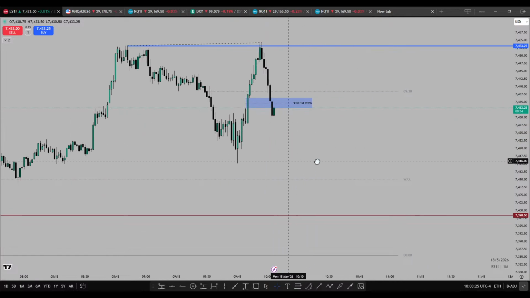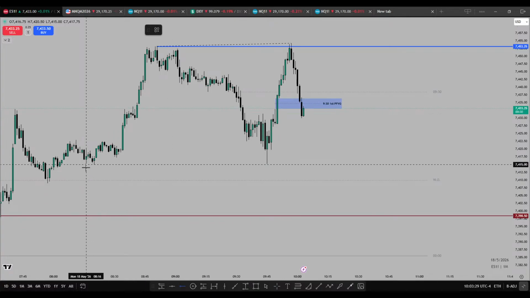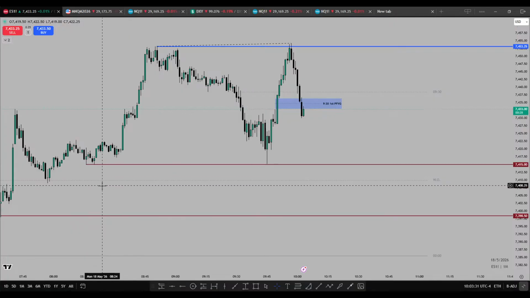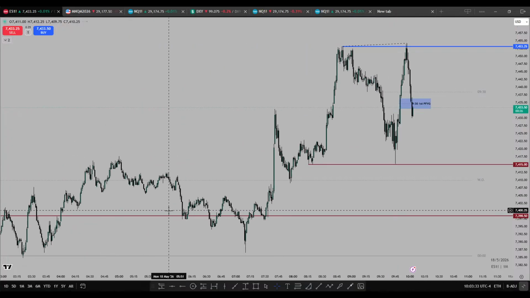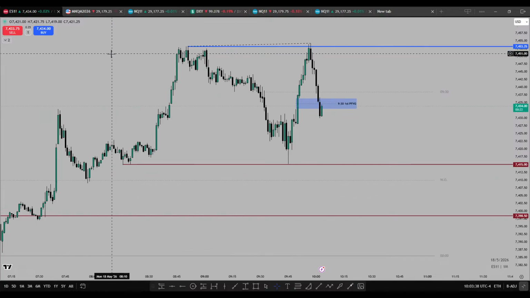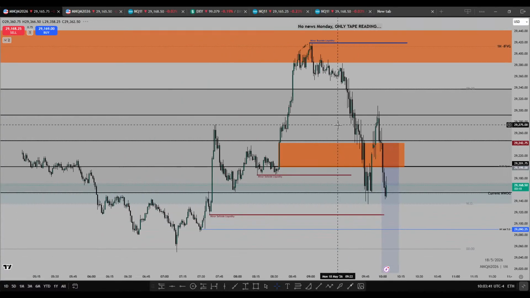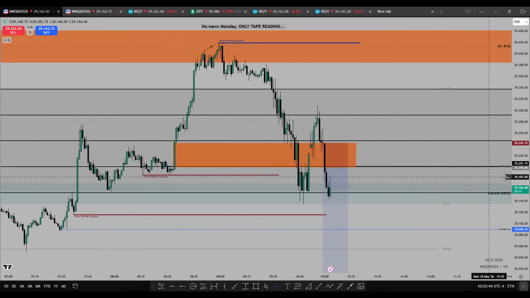Watch ES, right? See, again, why longs are not good. ES left relative equal lows again, right? Look, bro, look. It's a technical science here. Technical science, bro.